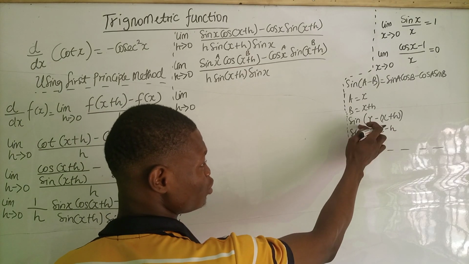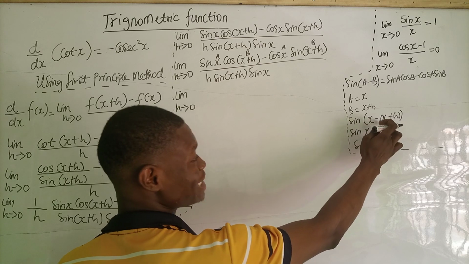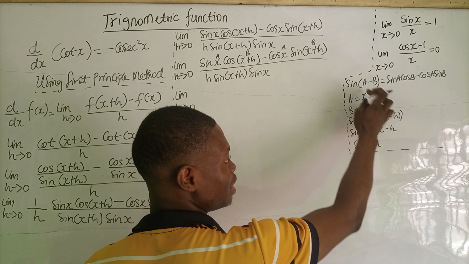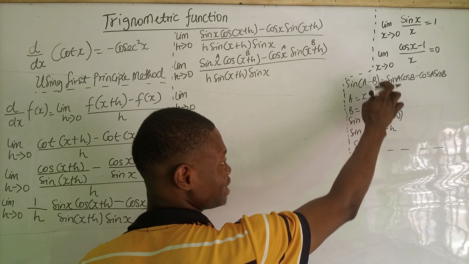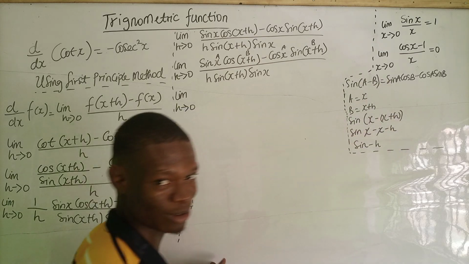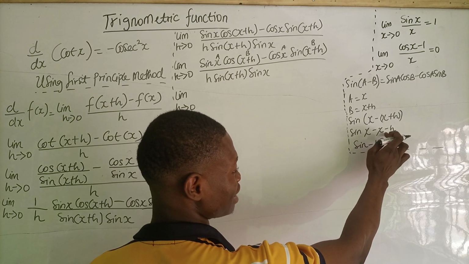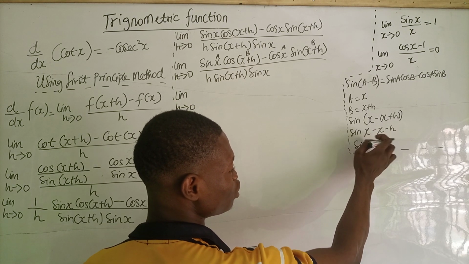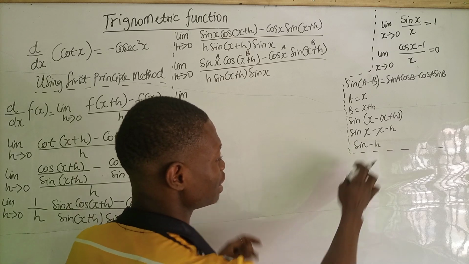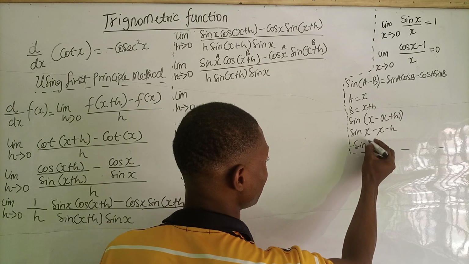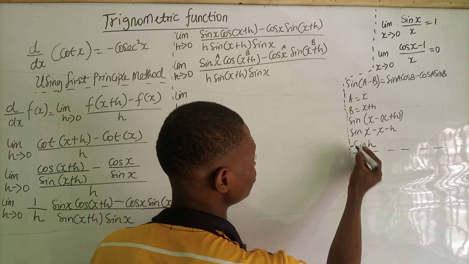Putting it in this form will be sine of x minus, are you seeing it? Minus x plus h. This A is representing this x, this B is representing this x plus h. So when we open it, we have sine of x minus x minus h. So this one we cancel out. We are left with sine of minus h, which is minus sine h. You see it now.